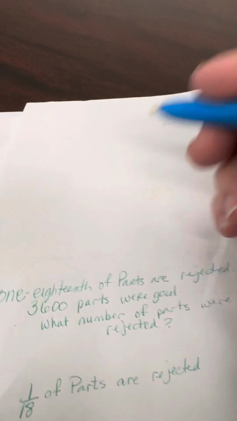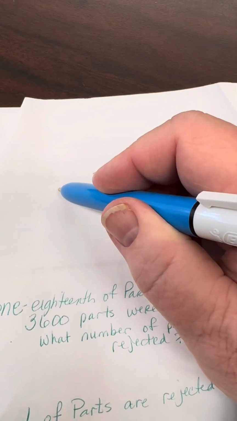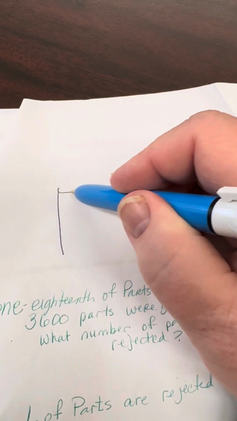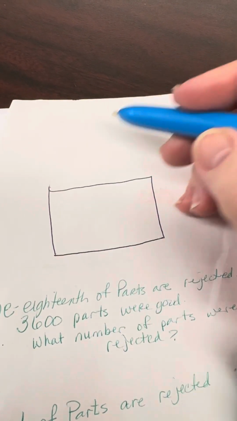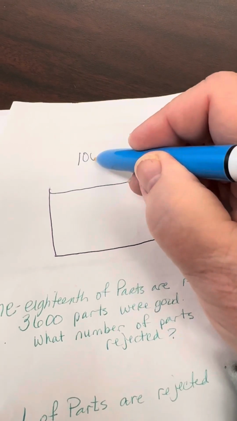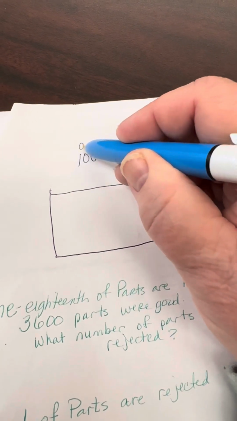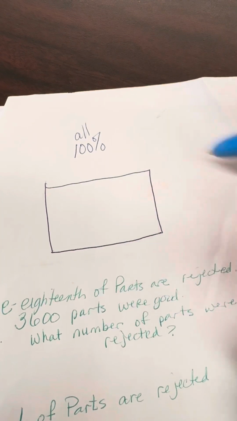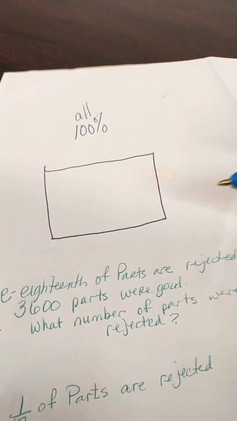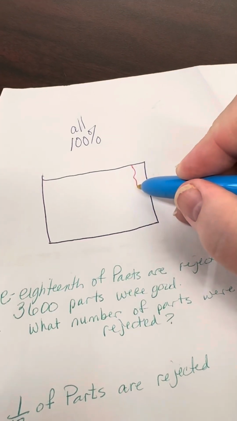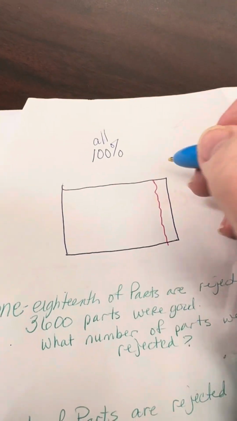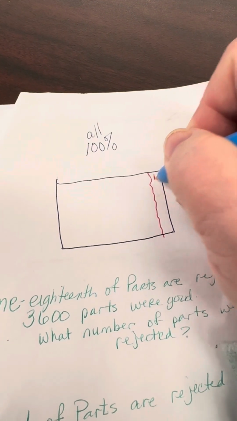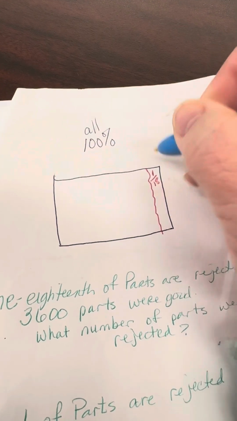Well, I want us to keep in mind that all of the parts, both the rejected and the accepted, equal 100% or all of the parts. And so if we have a rejected portion, this portion here, if I said 1/18 of them is rejected, then this part is 1/18.